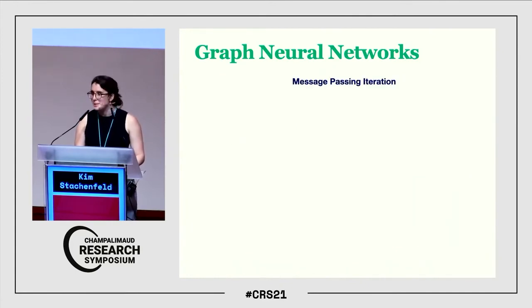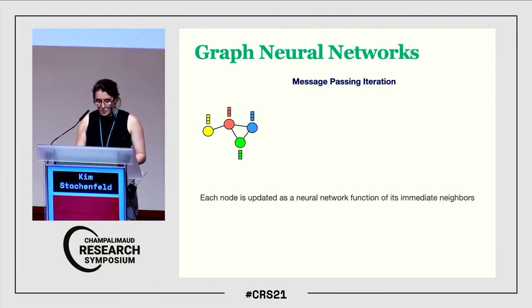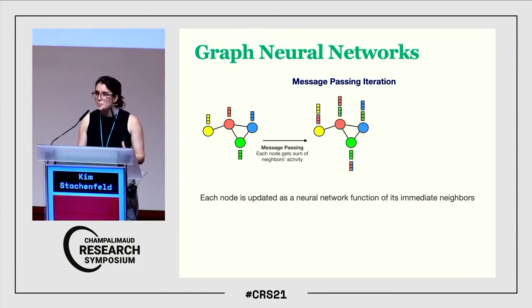So the way that these basically work is by something called message passing. So in message passing, you start off with a graph, and each node in this graph is associated with some feature, or a vector that really describes its properties. And you're going to update each node as a function of its neighbors.